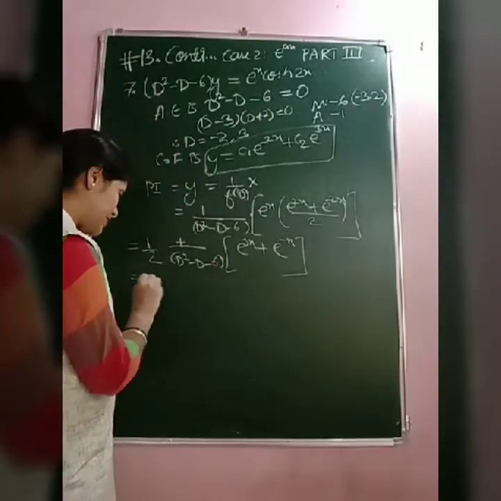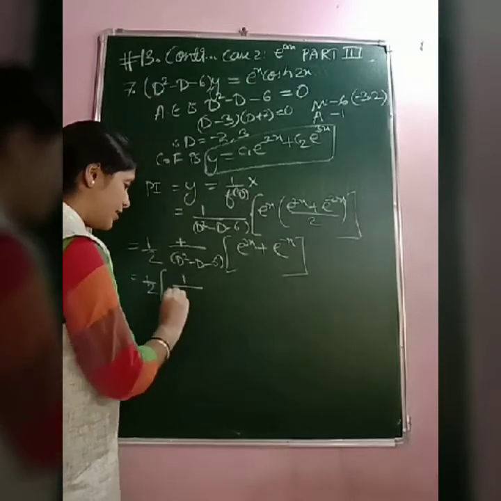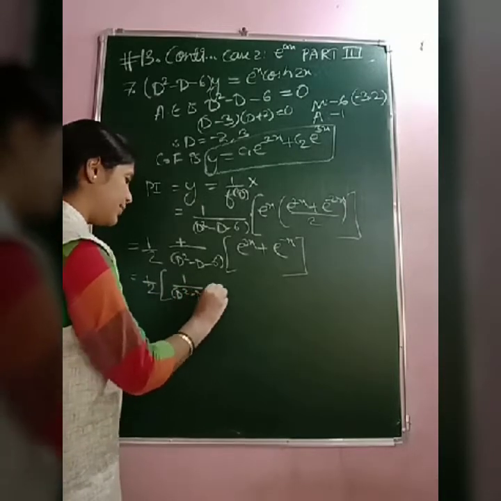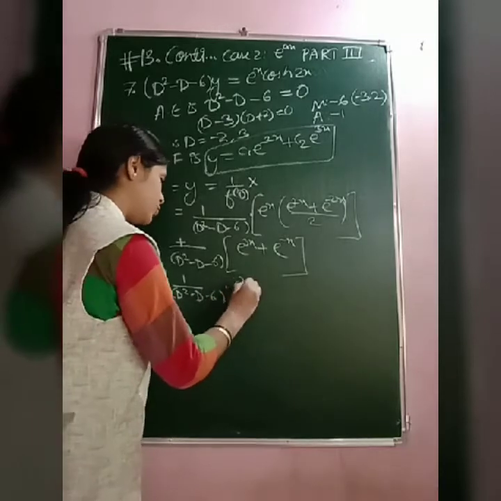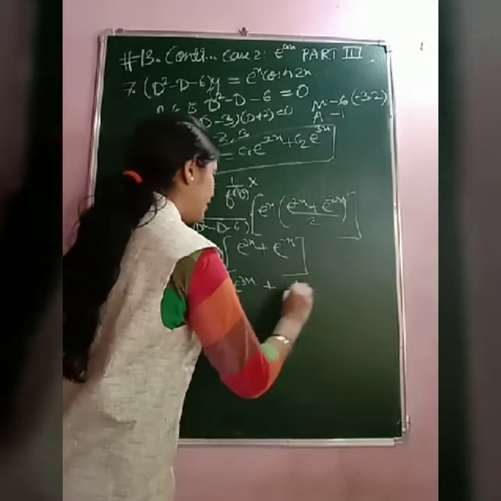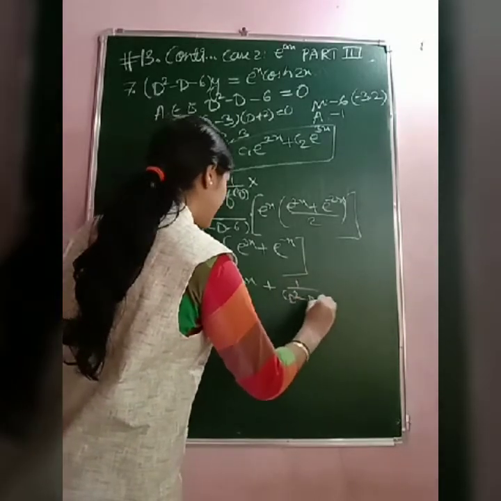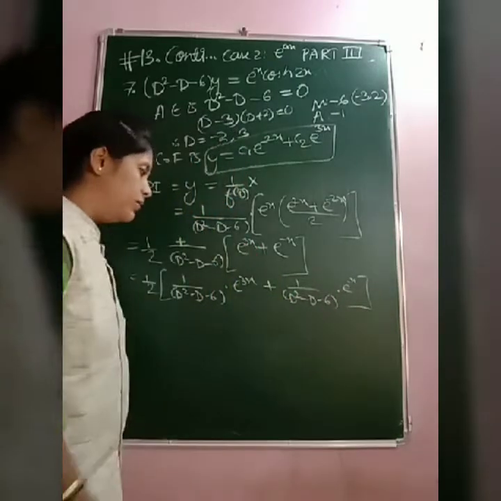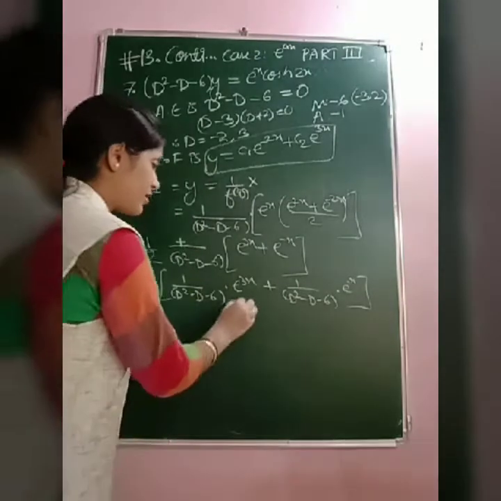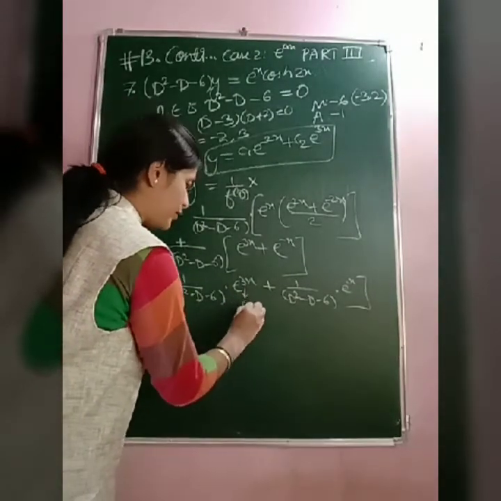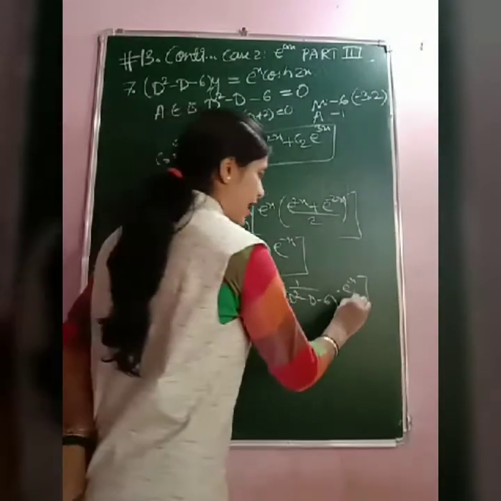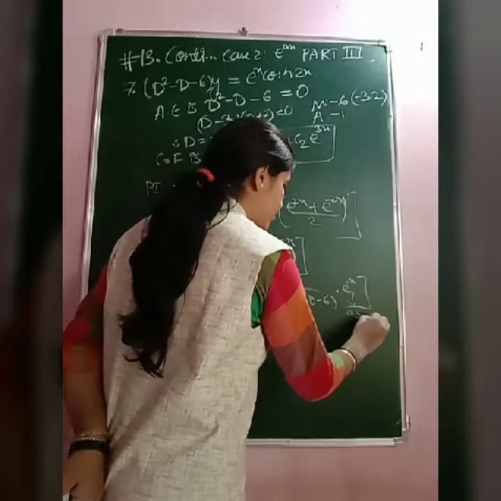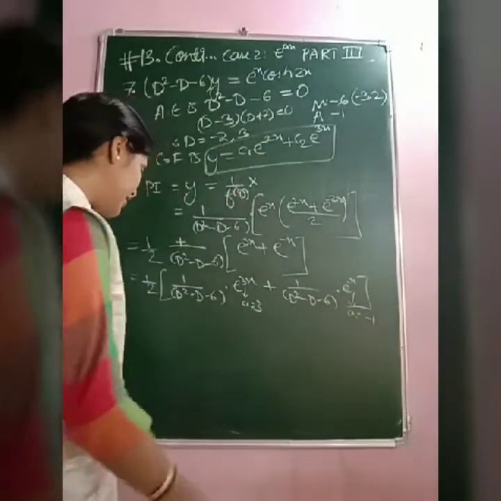So this can be written as 1 by 2 outside: 1 upon D square minus D minus 6 of e raised to 3x plus 1 upon D square minus D minus 6 of e raised to minus x. So put D equal to a equal to 3 here and D equal to a equal to minus 1 here.